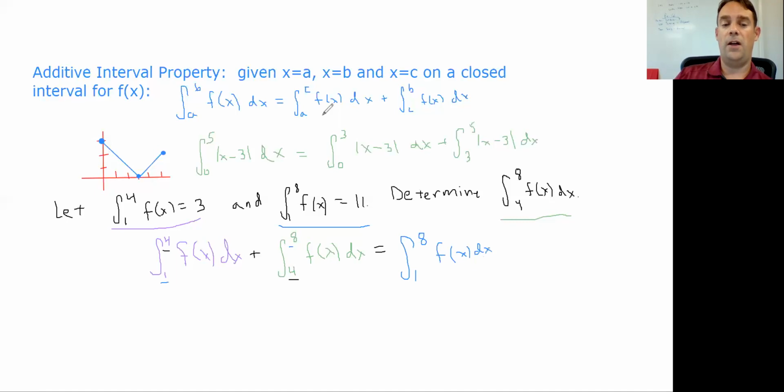I can find that unknown region without even knowing it. So this purple one right here was equal to 3, plus I'm looking for the value of the green one, and that's going to be equal to the value of the blue one, which was 11.